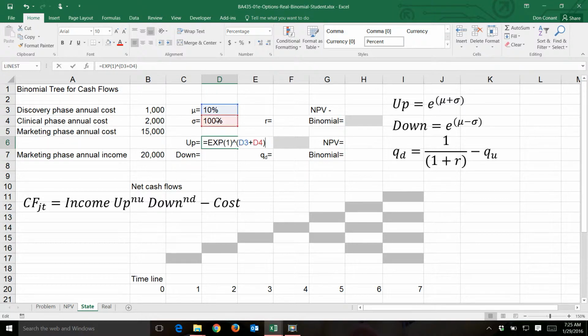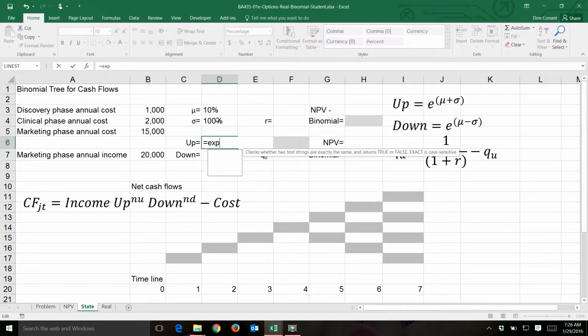Now, another way to do this would be to recognize the way the EXP function works. E is calculated as EXP to the first because E is assumed in the EXP function. So another way to write this would be to say equals EXP, then whatever E is raised to, that can be in the parentheses.